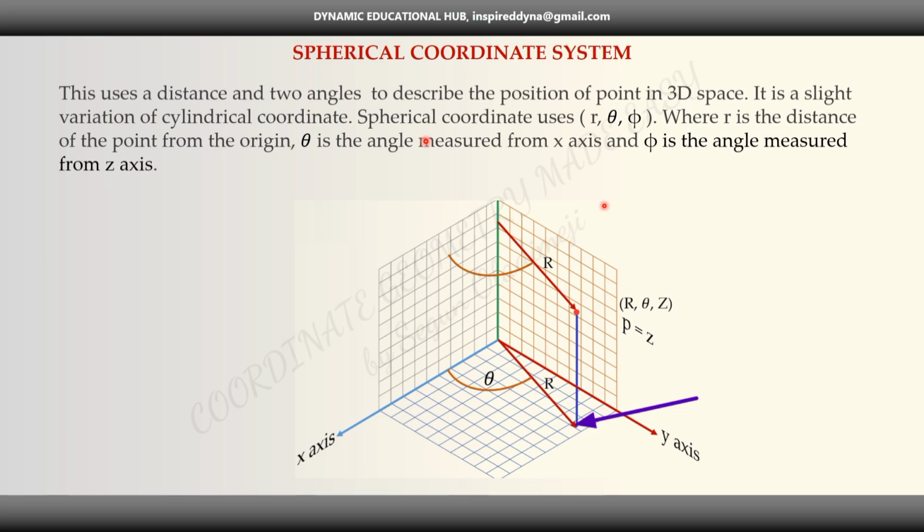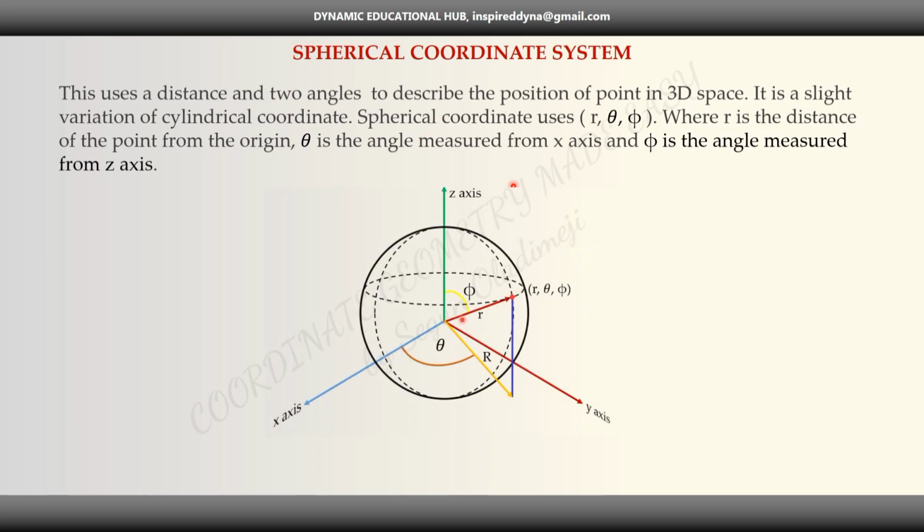Unlike cylindrical coordinates, spherical coordinates use r, small letter r, theta, and this phi. Now this small letter r is the radius, the distance between the origin and the point. You see, that's the difference between the capital letter R for cylindrical and this.